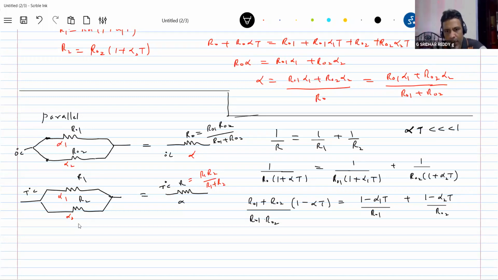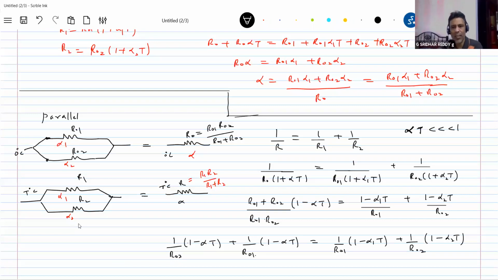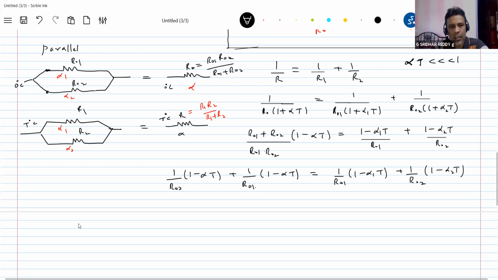I think I'll end up like this after expanding, 1 minus alpha T over R naught 1, and so on. Now we can simplify. The 1 by R naught 1 and 1 by R naught 2 terms will eliminate, and even alpha T also gets eliminated.